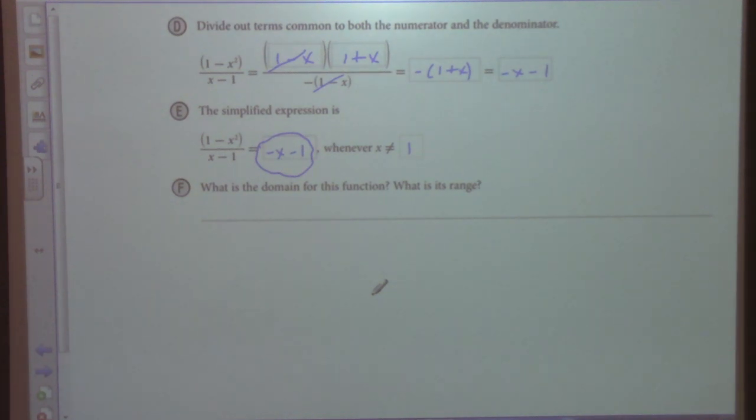And then the last thing, it says, what is the domain for this function? And I think my battery is running out here. Let me get this over. What happens if I didn't recharge this thing last night like I should have?